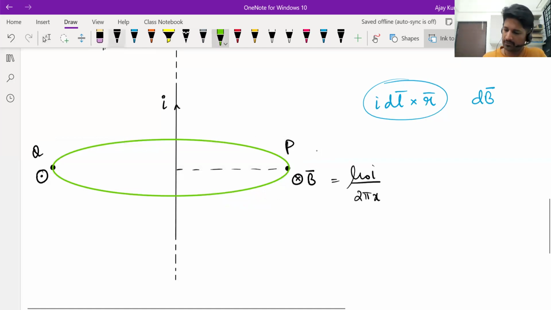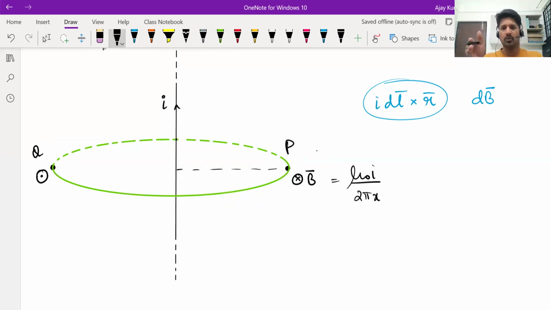Now, some part of this field line is behind the screen. The part behind the screen, I'll show it in dotted lines. At Q, the field is pointed towards you. At P, the field is pointed away from you into the screen. So you can even put an arrow like this. This is the direction of the magnetic field around the wire.